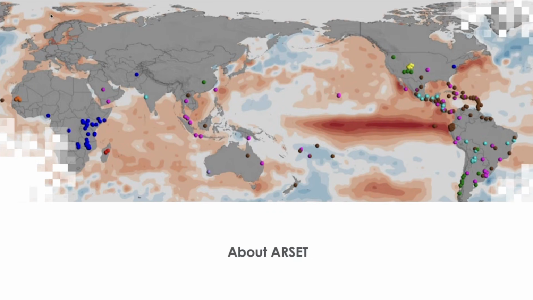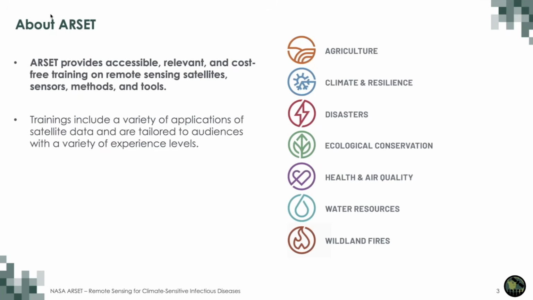Before continuing, I'm going to give a little brief on the Applied Remote Sensing Training Program, or ARSET. ARSET provides accessible, relevant, and cost-free training on remote sensing satellites, sensors, methods, and tools.